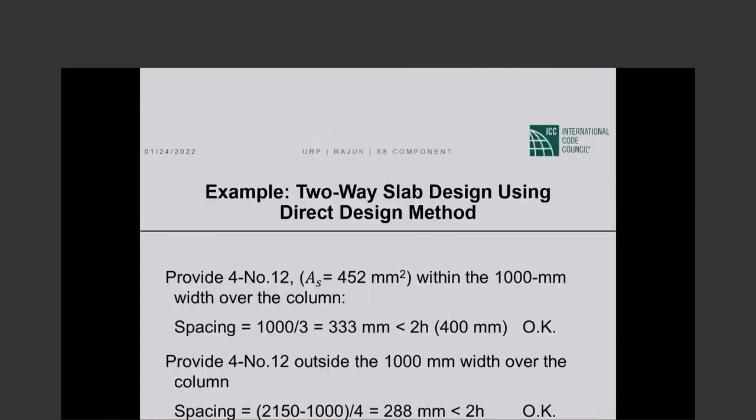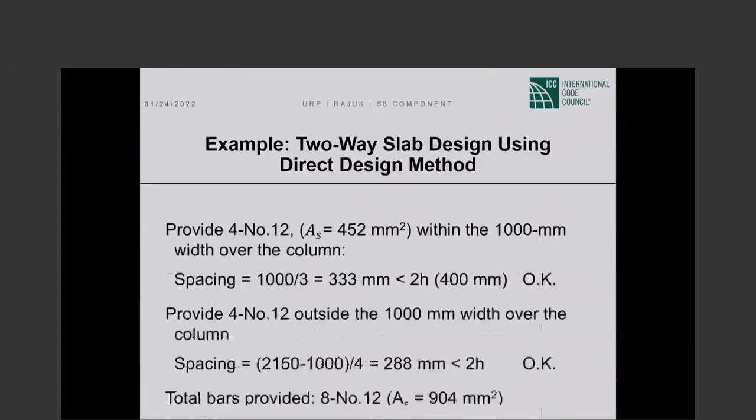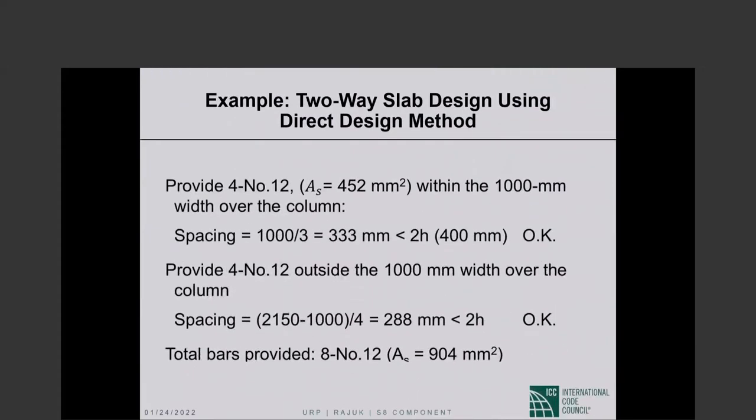So 363. 3 number 12 was short, so we had to provide 4 number 12. That comes up to 452 square millimeters within the 1000 millimeter width over the column. So spacing of those 4 bars is 333 millimeters, which being less than 2 times h or 400 millimeters, we are okay. So we will provide 4 number 12 inside the moment transfer band, which has a width of 1000 millimeters.